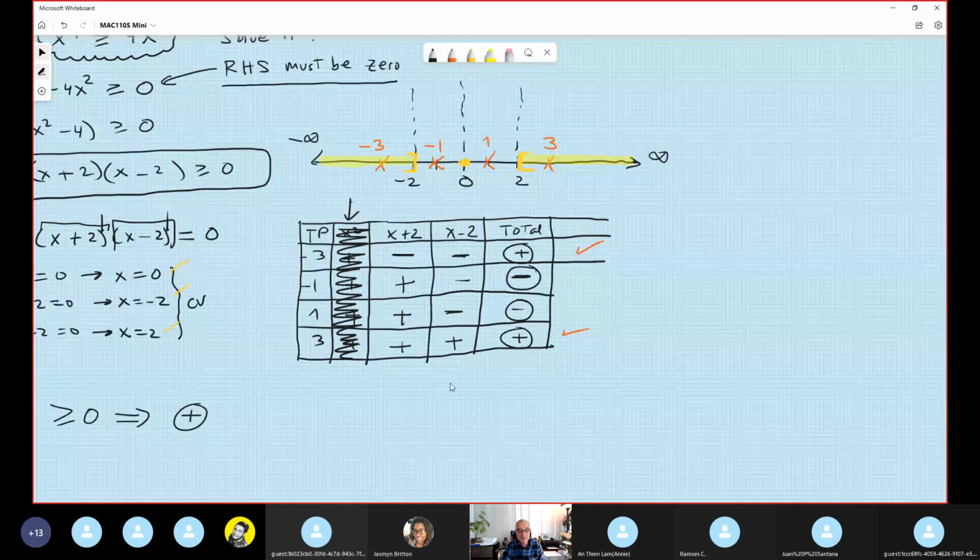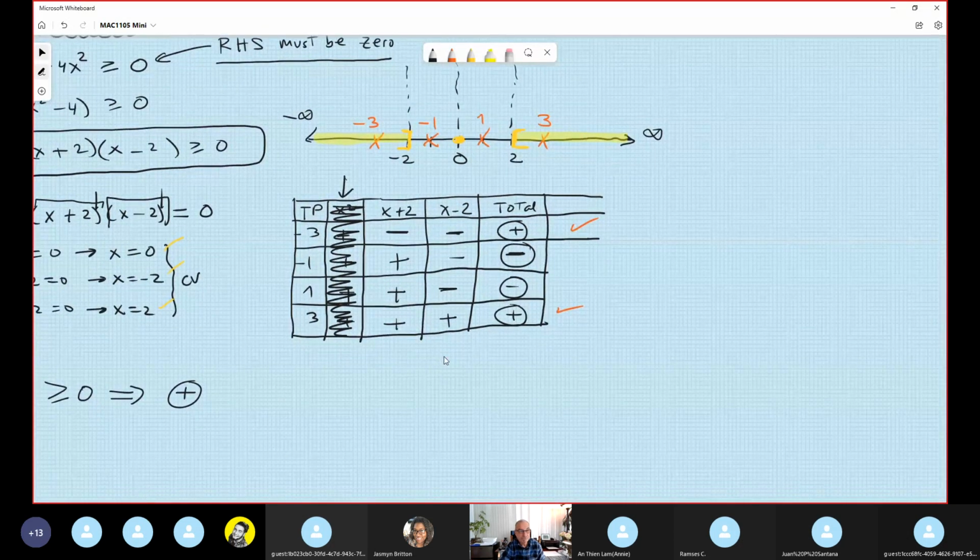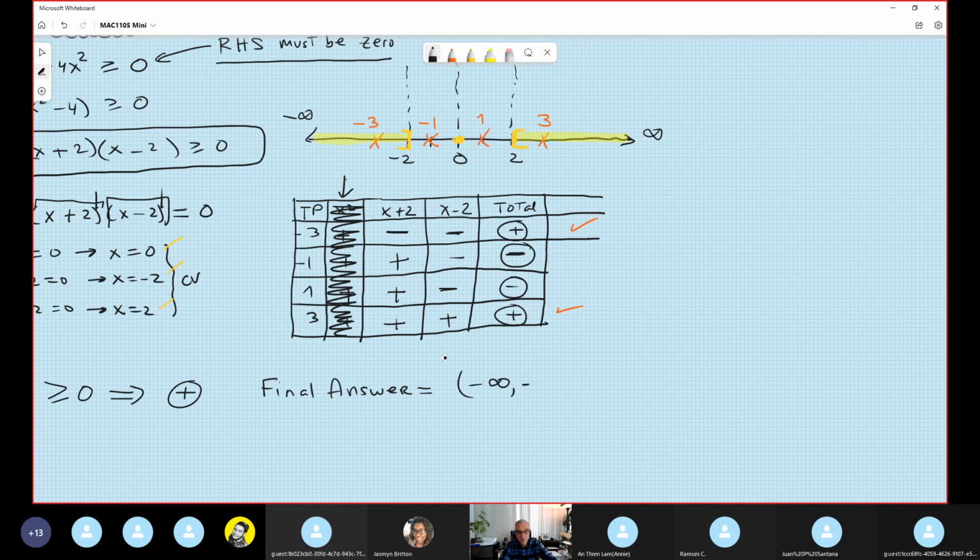My final answer is, from negative infinity, comma, negative 2, bracket, important that it is a bracket, union.